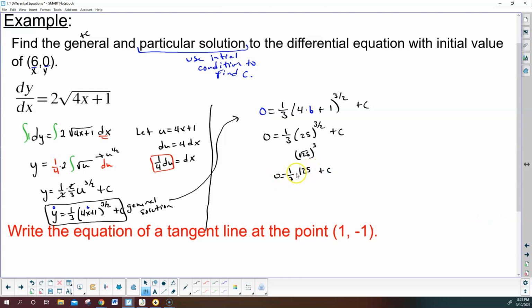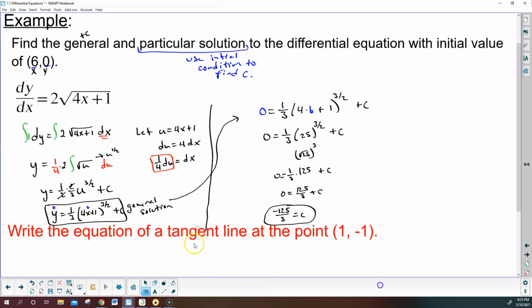Well then, 125 divided by 3 is not perfect, so I'm just going to rewrite that. Maybe it is. No, it's not friendly, so I'm just going to leave it like that. But I have to solve for C, so I'm going to move that value over, and here is C.